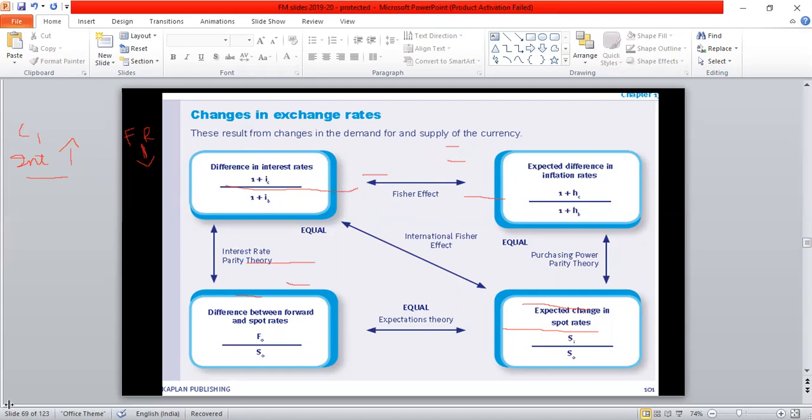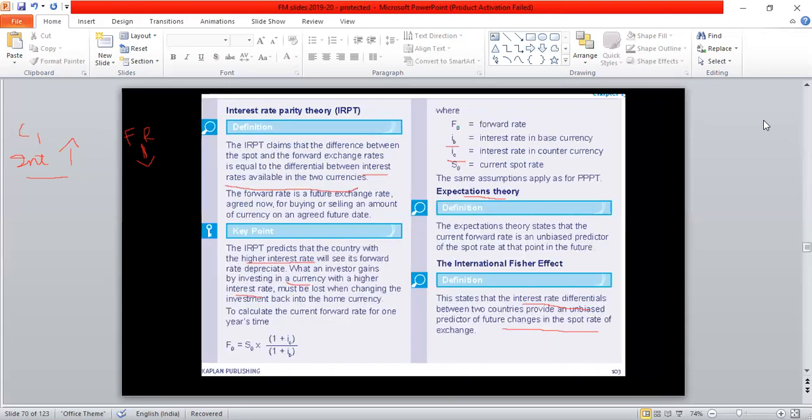Based on all these reasons, we see that there is an impact on the exchange rates. Changes in exchange rates are on account of purchasing power parity theory, interest rate parity theory, the international Fisher's effect, and the pure expectation theory.